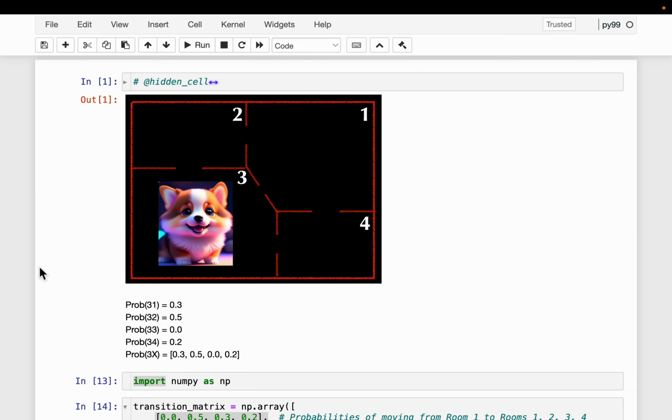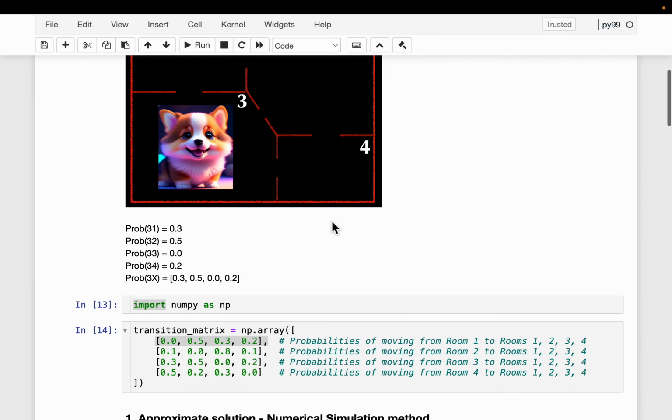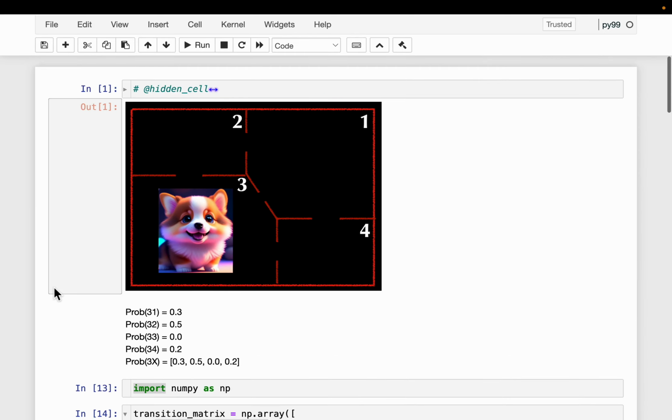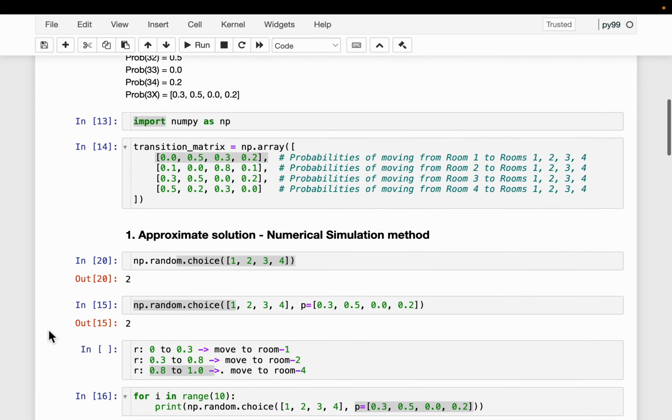What we can do is repeat this experiment many times. For example, let's say we have 1,000 houses. We put 1,000 pets in room number 3 and we observe where the pet ended up after 10 steps. From those 1,000 experiments, we take the final room and compute the probabilities, so that we answer this question in terms of probabilities, because it's not going to be absolute.